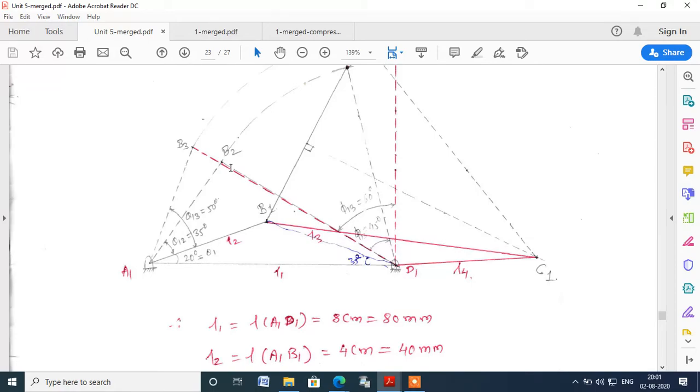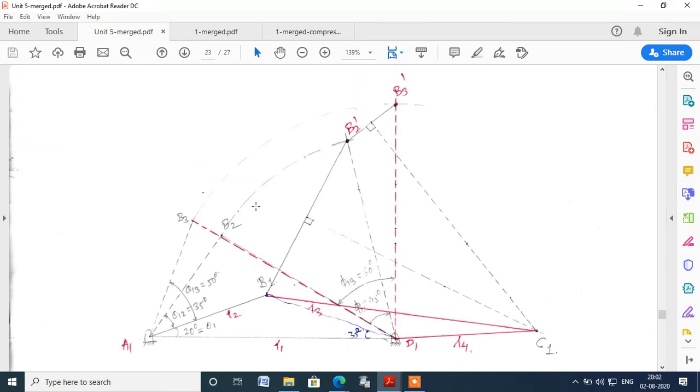Now join B2 D1 and B3 D1. So first join B2 D1, correct. Then take distance B2 D1 in the compass with D1 as center and draw an arc from B2. We have drawn the arc. Okay, good.